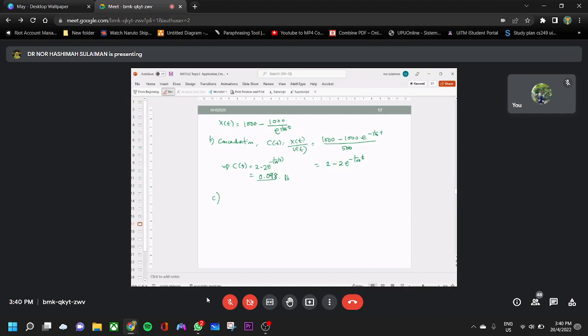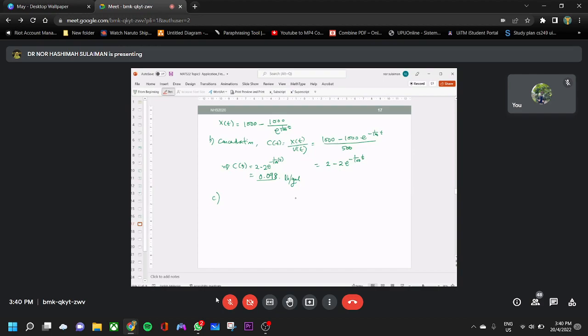Ya ke? Pound apa? Oh, over liter. Gallon. Sekati. Betul lah, gallon. Bukan gram gallon. GL lah.